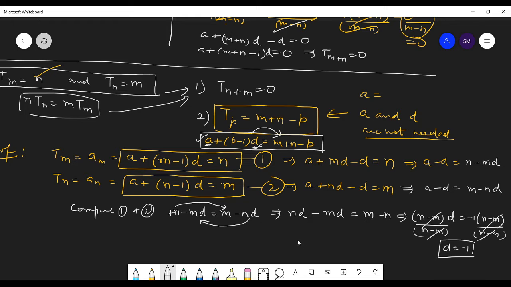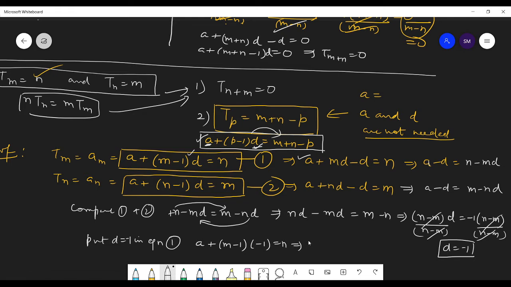So now what will be the value of a? Put d is equals to minus 1 in equation 1. Tell me, students, what is the value of a? This is your equation 1, so put d is equals to minus 1. What do you get? a plus m minus 1 into minus 1 is equals to n.